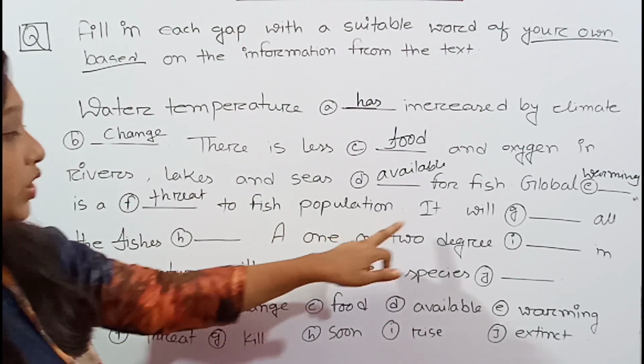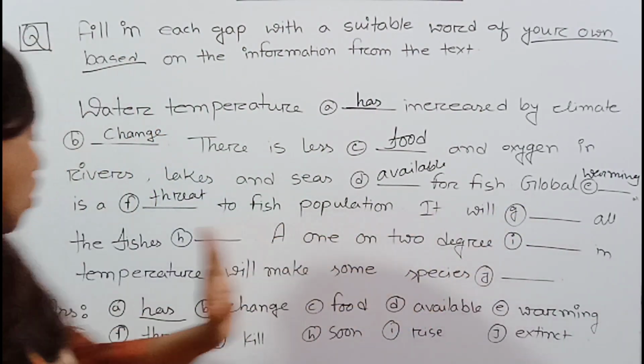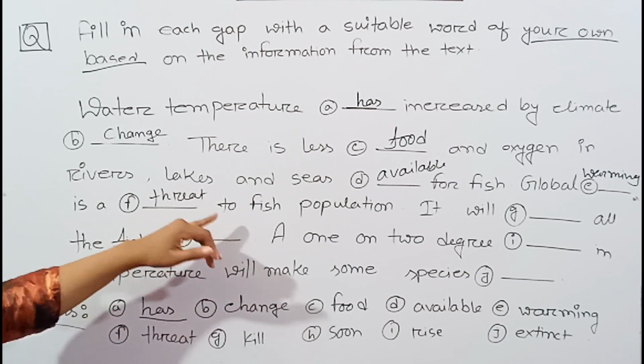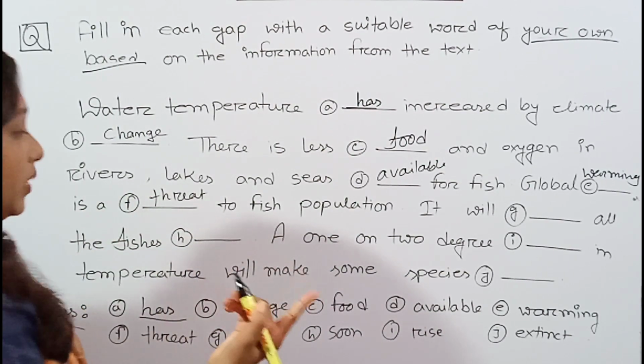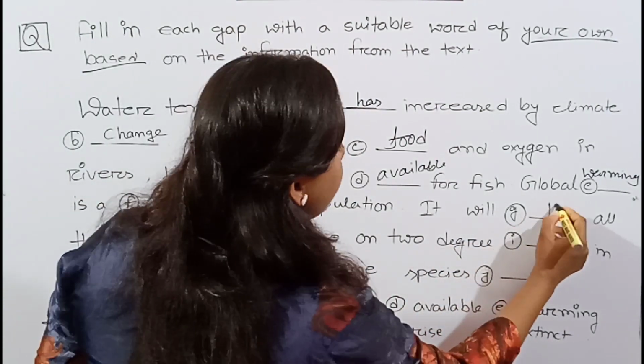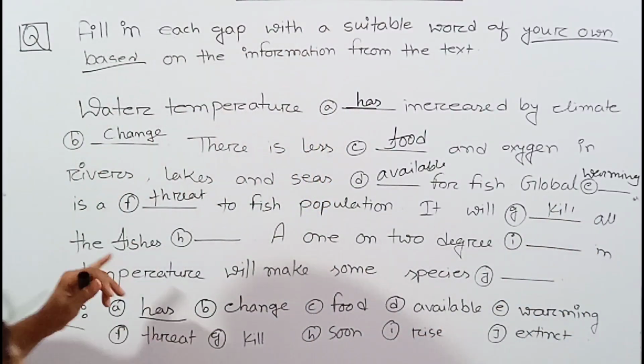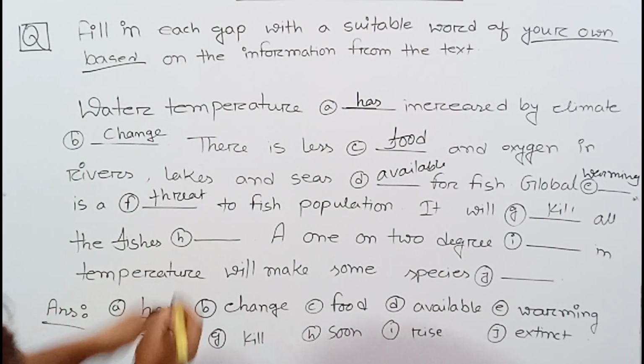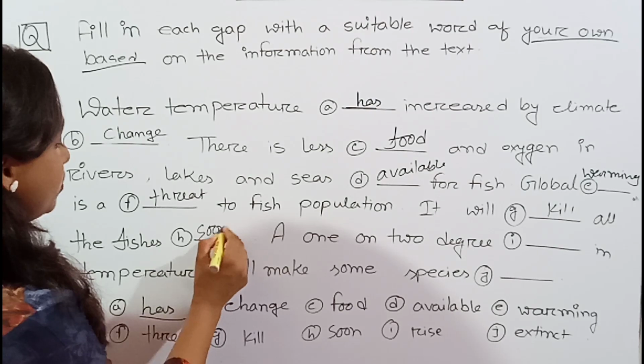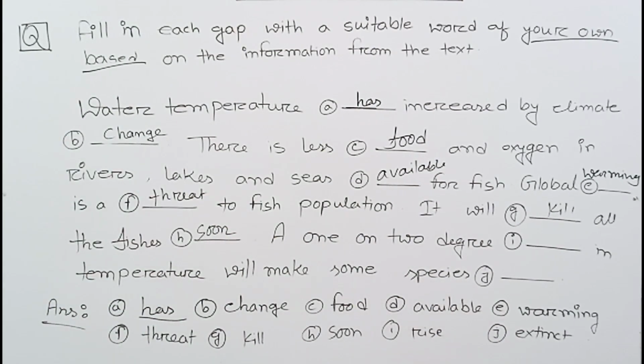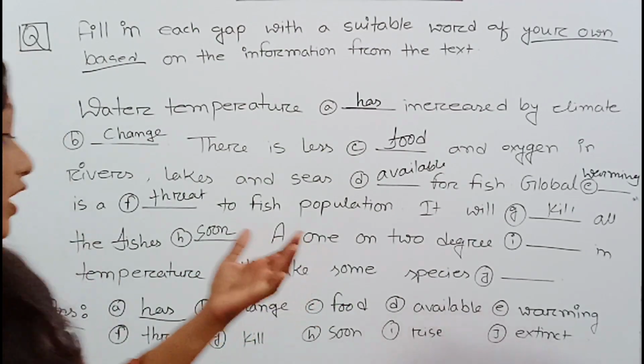To fish population, it will dash all the fishes dash. It will kill all the fishes very soon, if we do not take any initiatives.